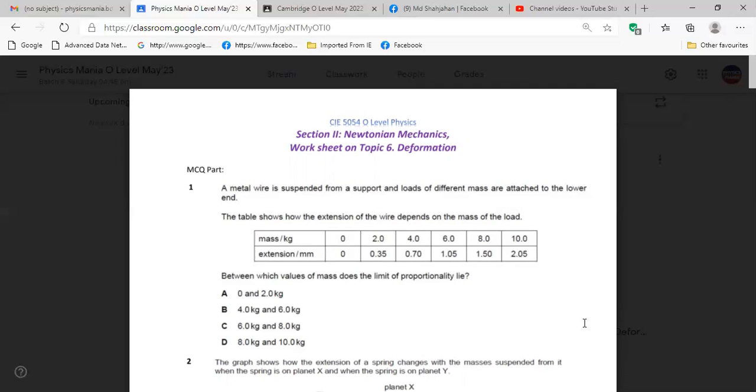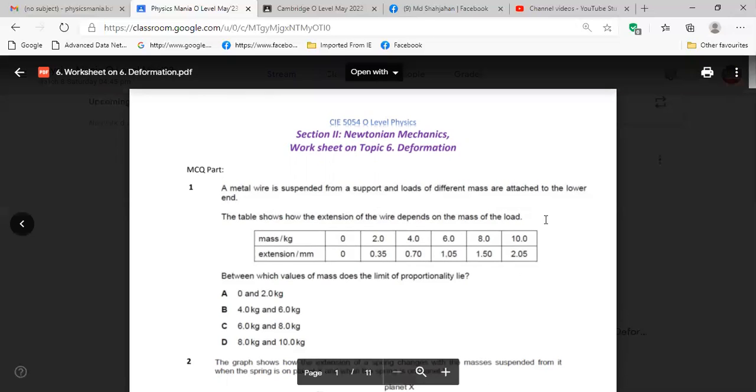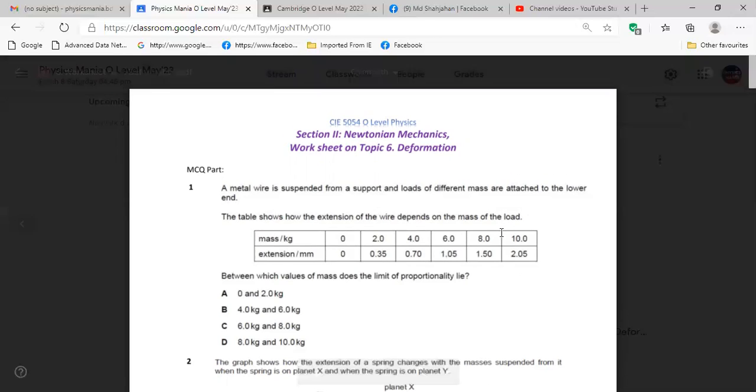So maybe the limit of proportionality is working till 7 kg. This way we can make the segments smaller and smaller. We can also make it for 0.5 kg, right?